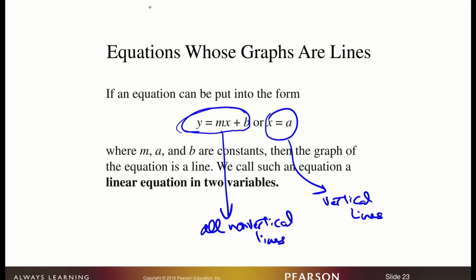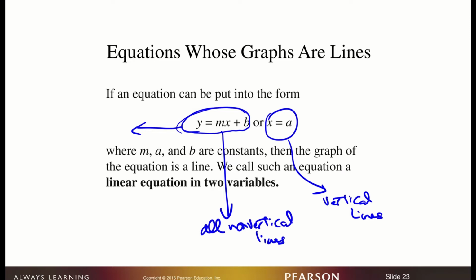Notice that this particular group includes the horizontal lines too, because to be a horizontal line, you would just have to have the m be 0. Let me correct that, I meant the m be 0. The b can be any value.